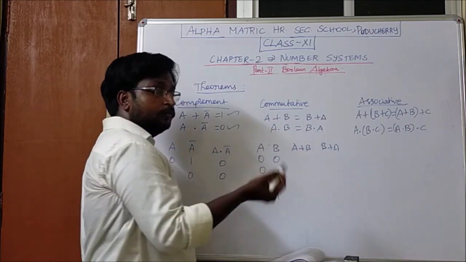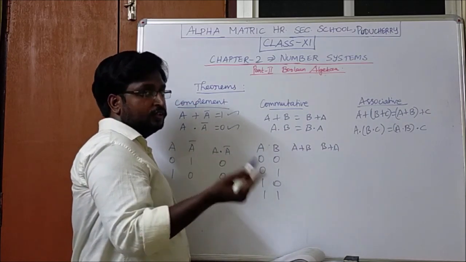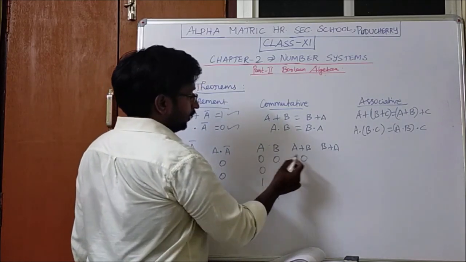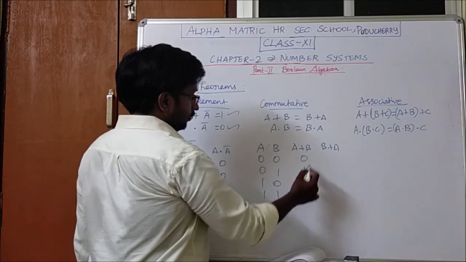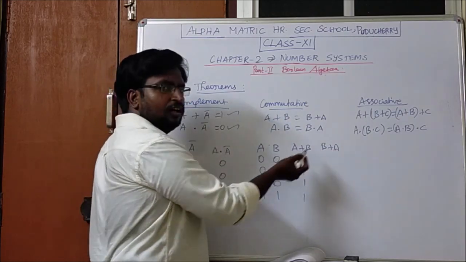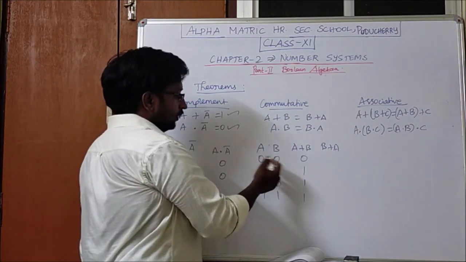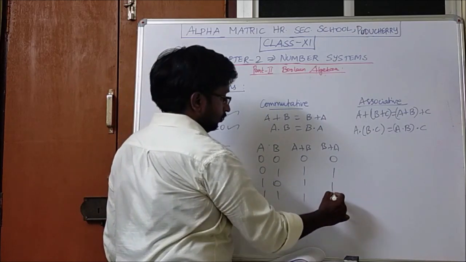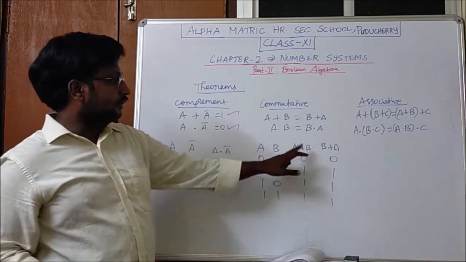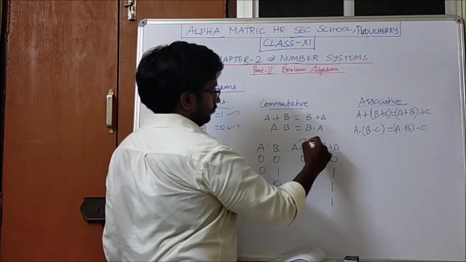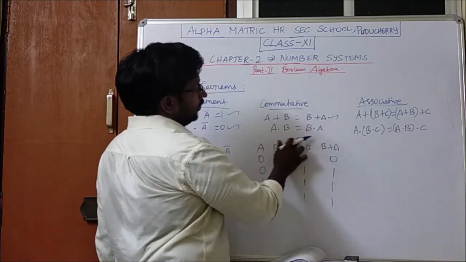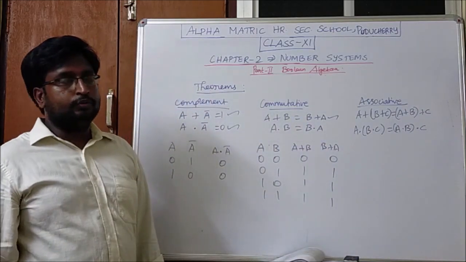A plus B means A or B, so if any one input is true the result is true. Here both are false, so false. Obviously vice versa also applies the same. So these two are equal, and this one is proved.